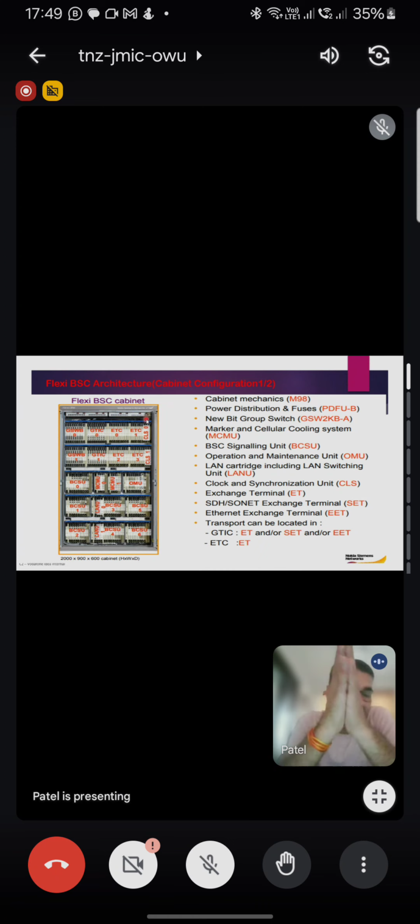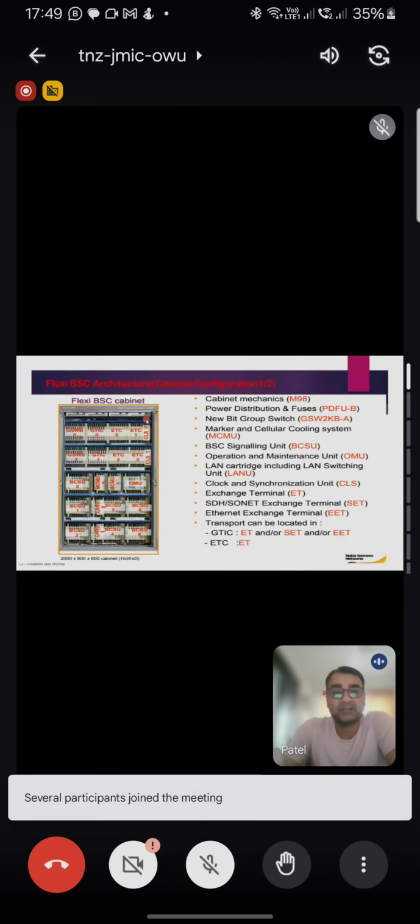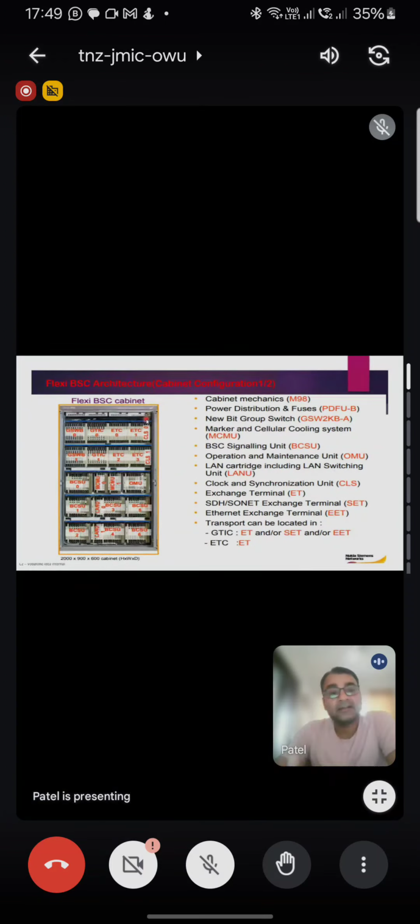First of all, one thing I want to tell you here: up to the third generation, Nokia is using the DX200 platform. So what is the DX? DX means distribution exchange, where every cartridge has its own different power supply.